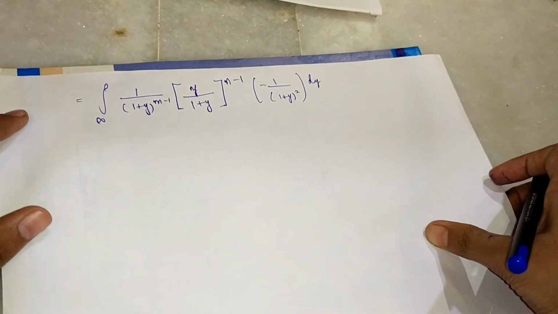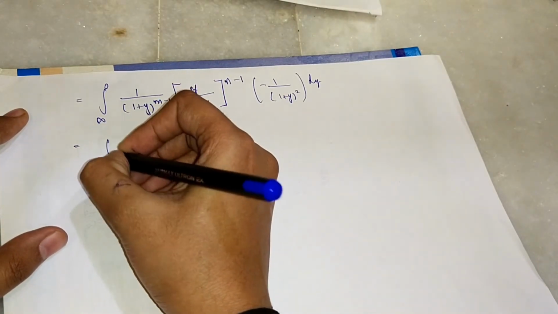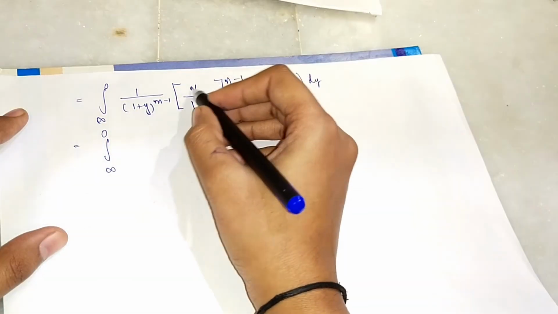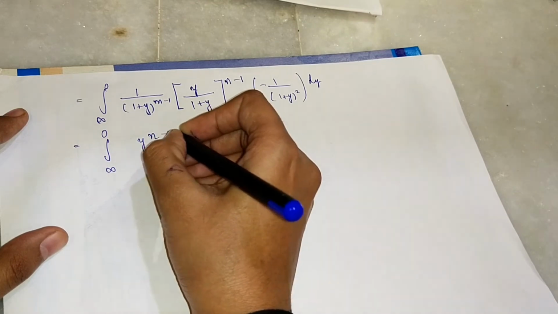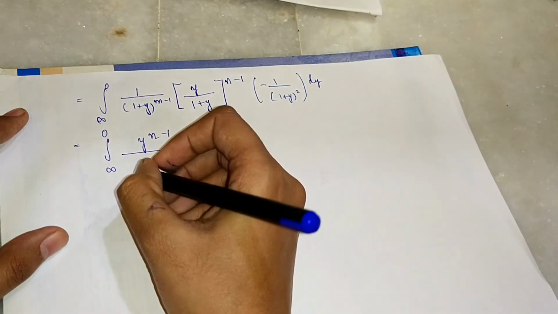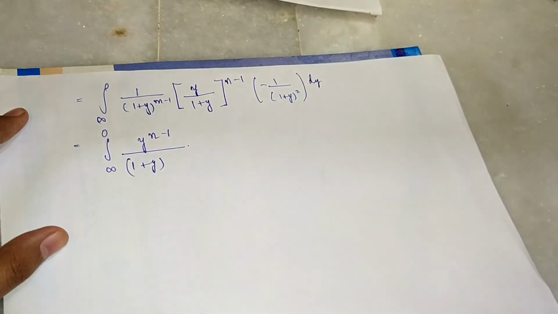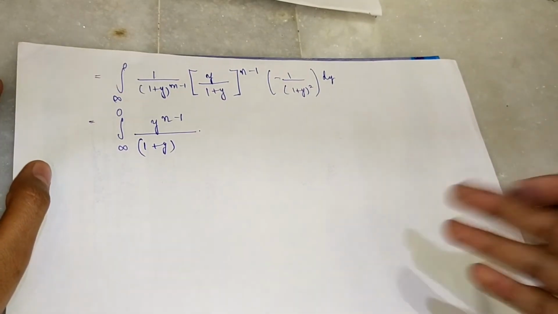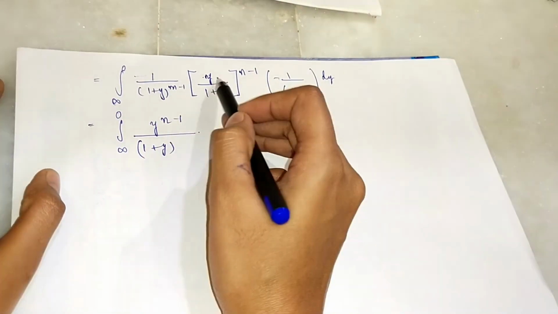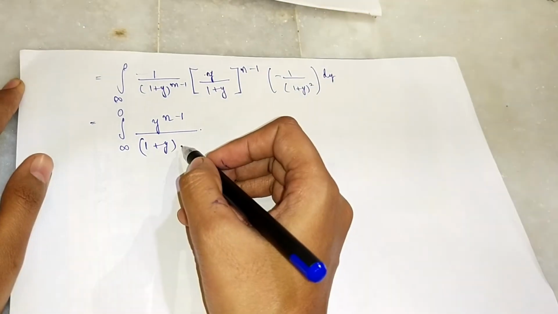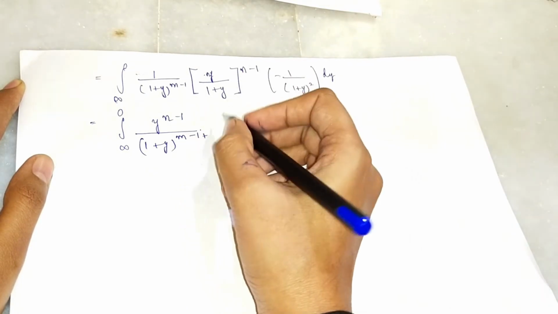Okay, so now solving it further we can write infinity to 0. If we take this y raised to n minus 1 here, then we can write y raised to n minus 1 upon 1 plus y. So we are multiplying both these equations. So this will come here, y raised to n minus 1, and here we will get 1 plus y raised to m minus 1 plus this n minus 1.